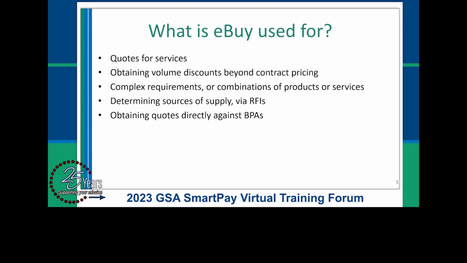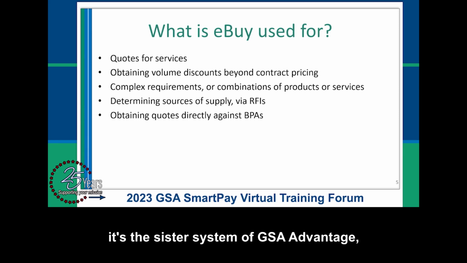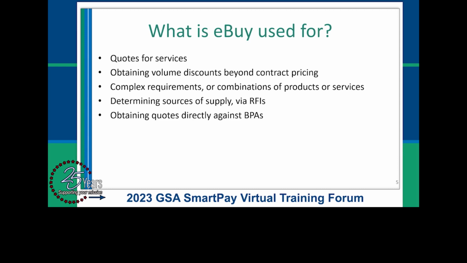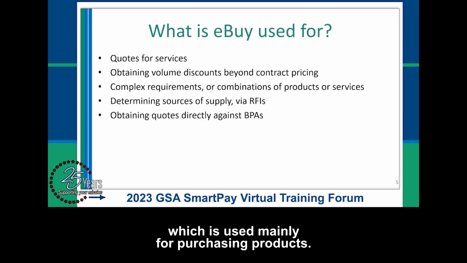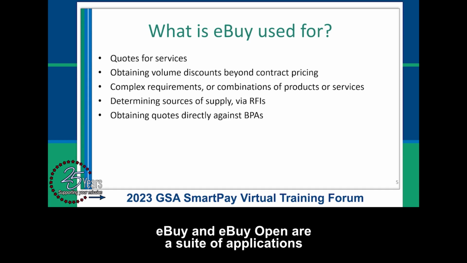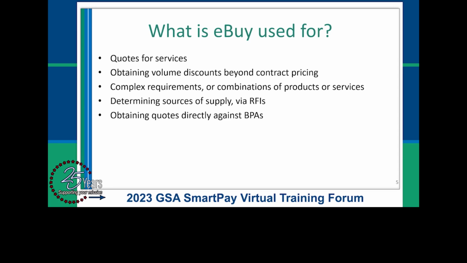And again, eBuy is the sister system of GSA Advantage, which is used mainly for purchasing products. GSA Advantage, eLibrary, eBuy, and eBuy Open are a suite of applications that we call our eTools that are all interrelated.